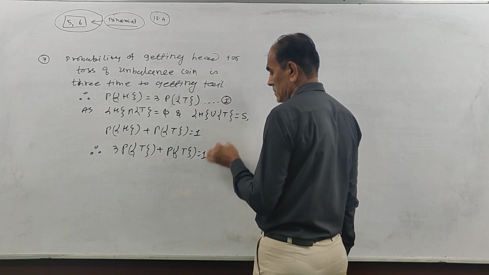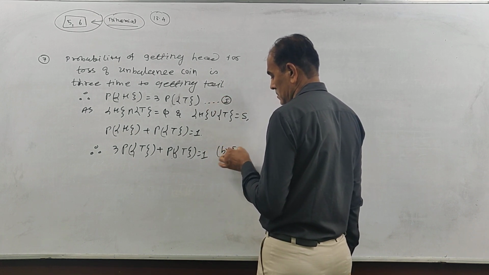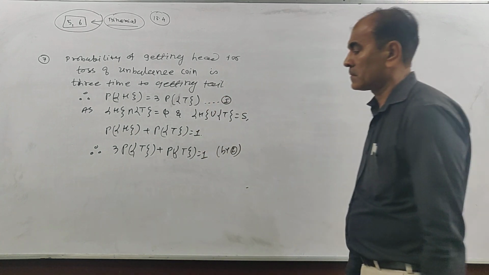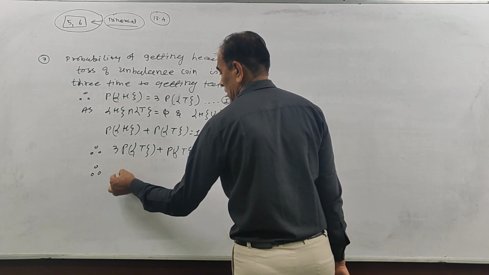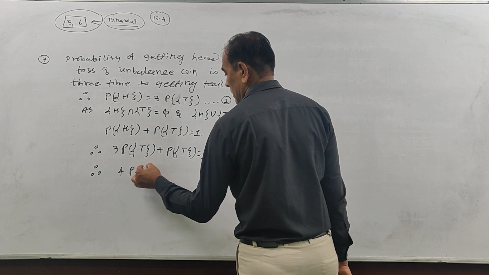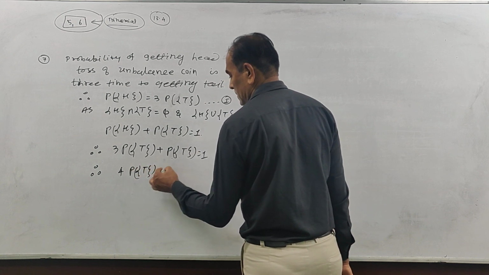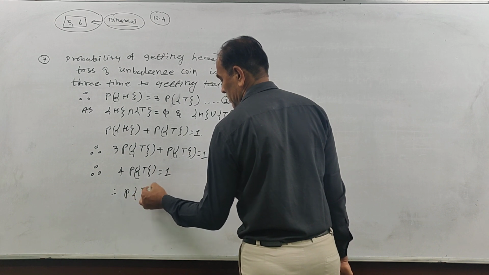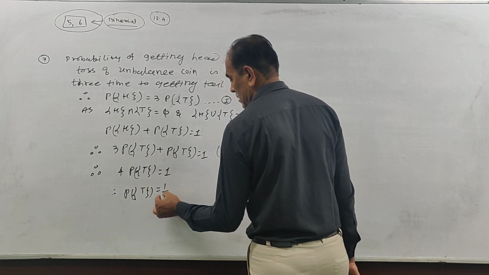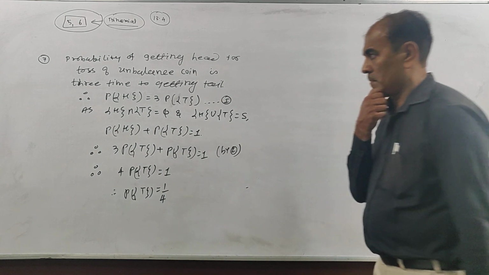Call this result number 1. So what do we get? Therefore 4 P of T is equal to 1, so P of T is equal to 1 by 4.